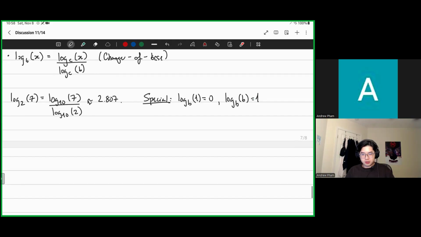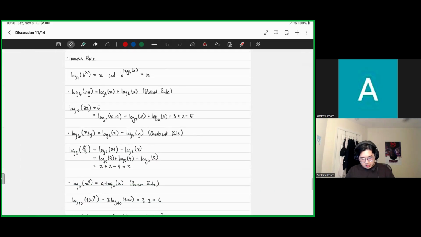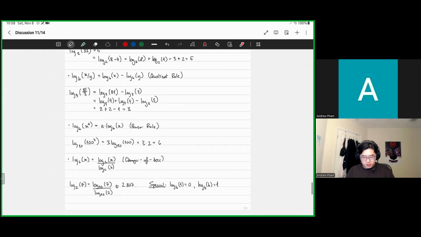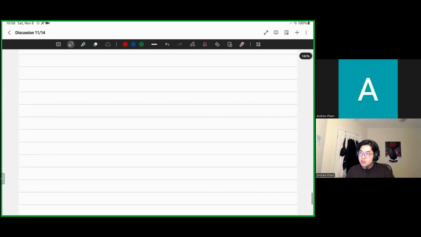Okay, so those are the log rules. So we have the inverse rule again, we have the product rule, the quotient rule, the power rule, and the change of base rule. And to help your understanding, let's go through the relatively straightforward proofs of these, right? You won't be asked to prove anything on your exam.